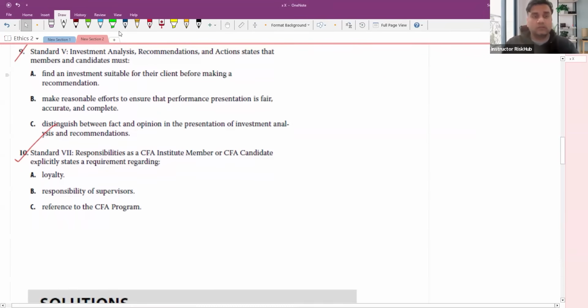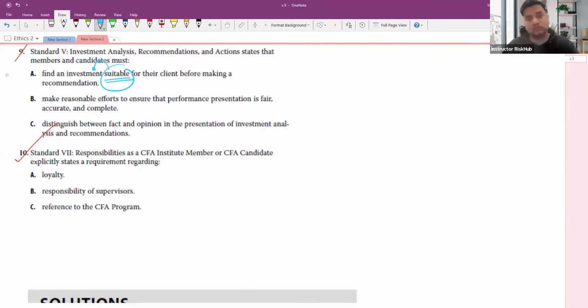Next one. They're all tricky questions. Investment analysis, recommendation, and actions: members and candidates must find an investment suitable for the client before making a recommendation.